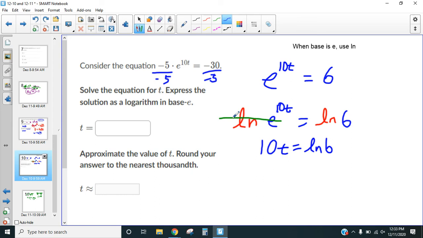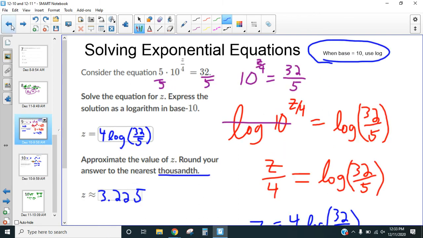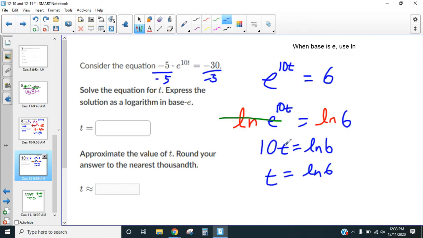It's still the same idea. We have to undo everything. What's the last step? Now I have to divide by 10, right? On the last question, we had to multiply, right? The last question was like this. It had z over 4 to begin with. This one is 10 times t. So we're going to have to divide like that.